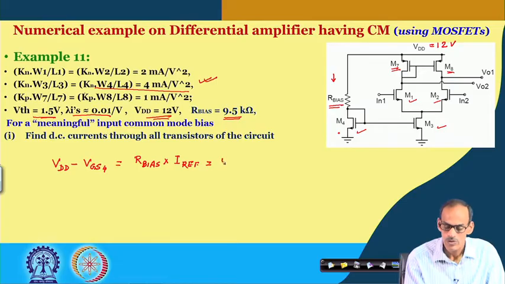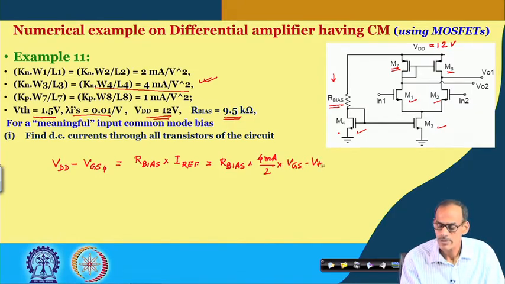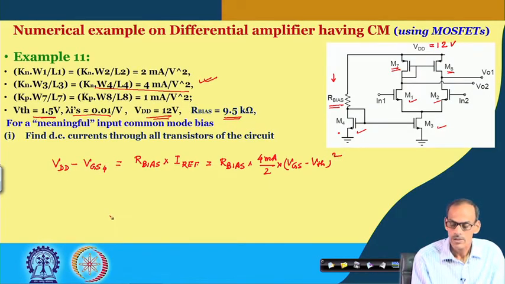So, we do have R bias multiplied by 4 milliampere by 2 into VGS minus VTH square. Here what you can do is add 1 VTH and then subtract 1 VTH.